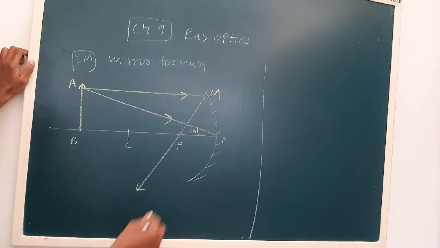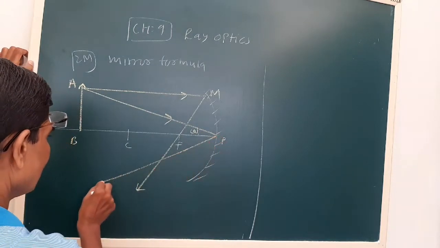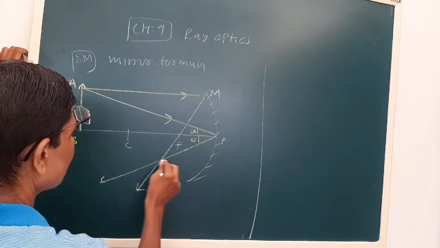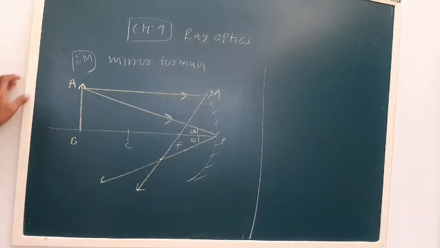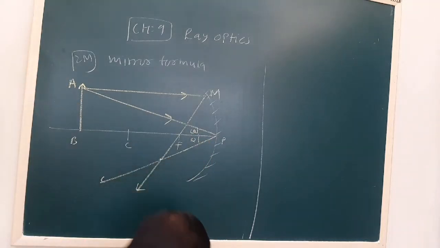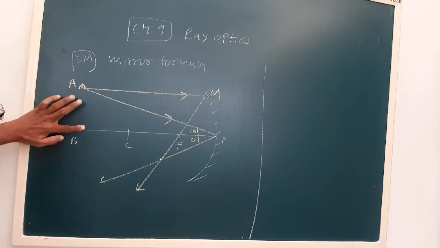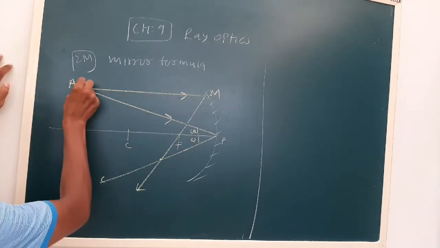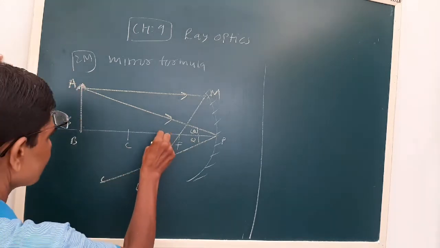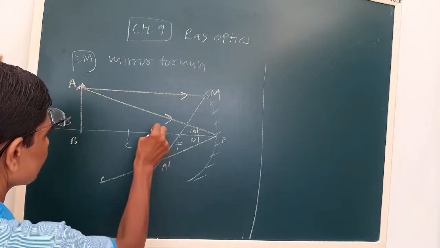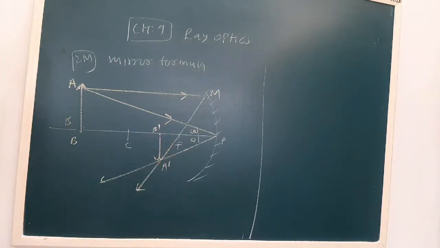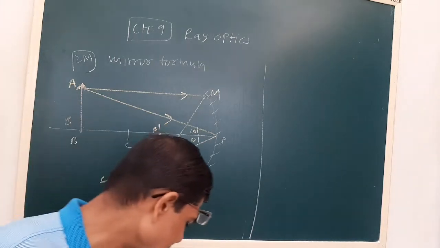This is the incident ray. The reflected ray also will make the same angle. This is where the two rays meet. Let us say AB is the object, and A dash B dash is the image.